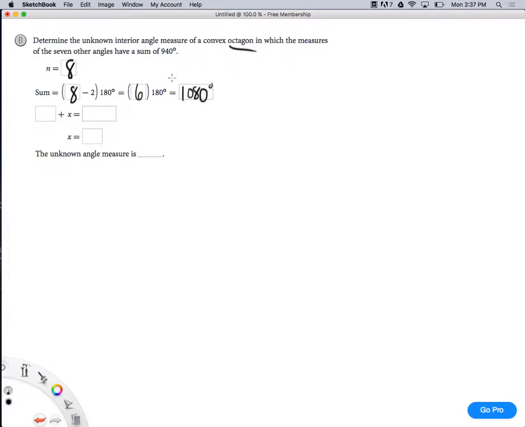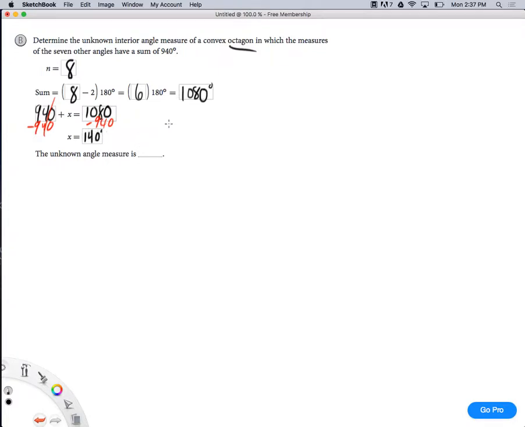And then it says the 7 other angles have a sum of 940, so it's just 940 plus x equals 1080. We would then subtract 940 from both sides, and we get x equals 1080 minus 940, which is 140 degrees.